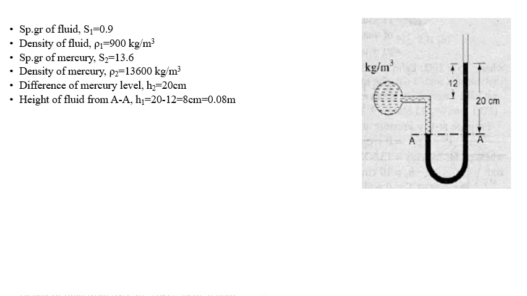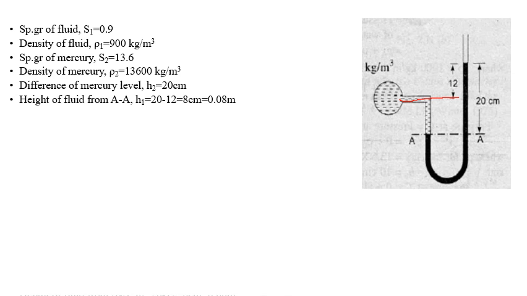Height of fluid from AA, that is H1. Now from the axis of this pipe, the mercury level in the right limb is 12 centimeter above, and the difference of mercury level between the left limb and the right limb is 20 centimeter.